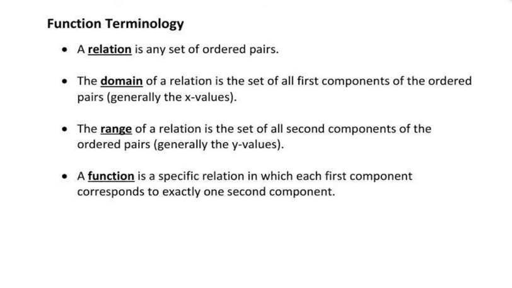And the domain of that relation is the set of all of the first components, or x values usually, and the range would be the y values, all of the y values. In a domain or range, if those values are repeated, you only need to list them once if asked for the domain or asked for the range. And you'll see some examples of that in a little bit.